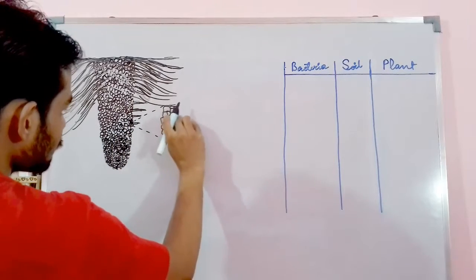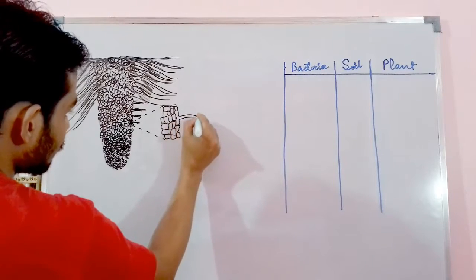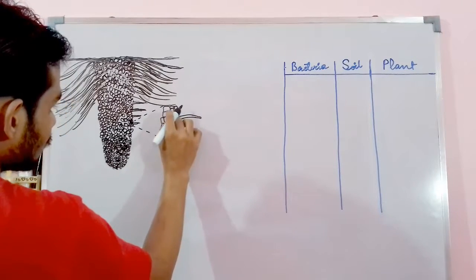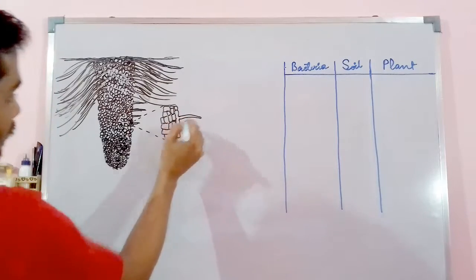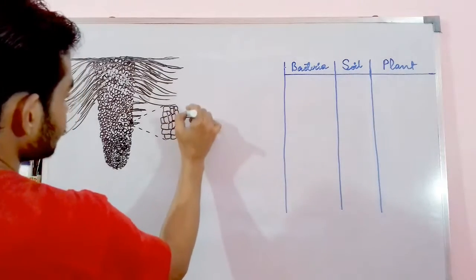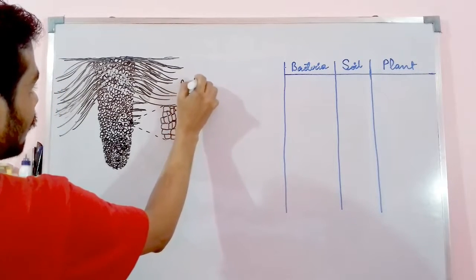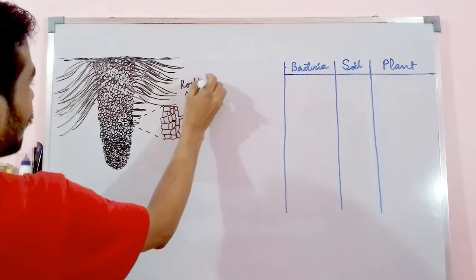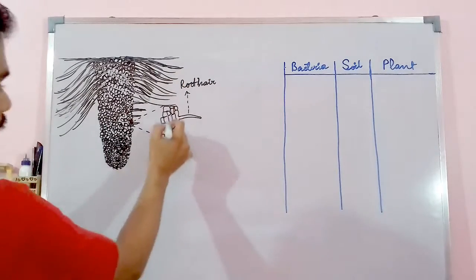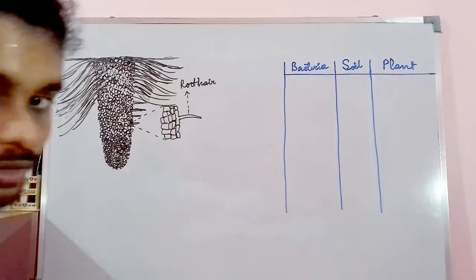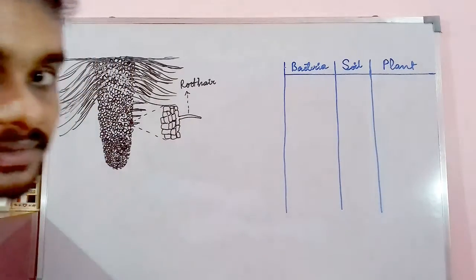So this particular area of cells is one of these areas. Here, let me draw the root hair. One root hair I am drawing here. This is a root hair, and this portion is the epidermal portion, the outermost portion, along with the cortex, the cortical cell division.